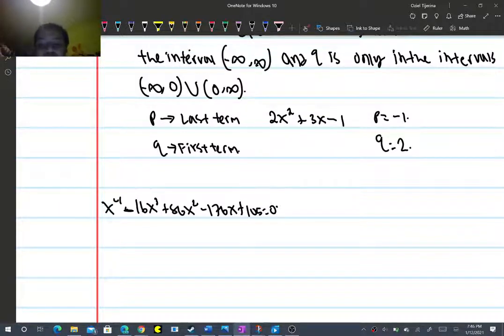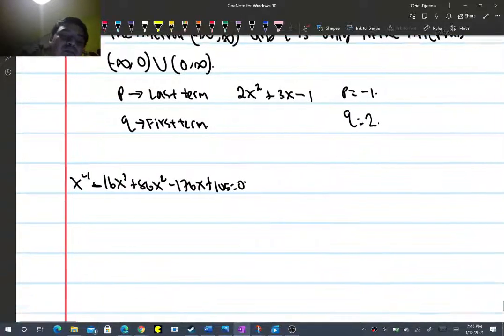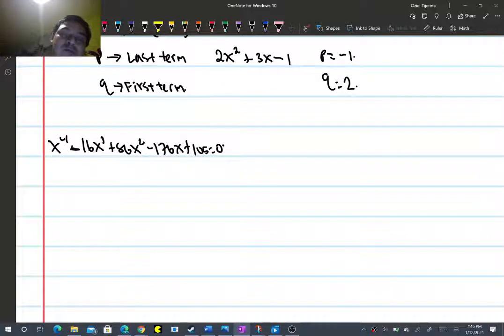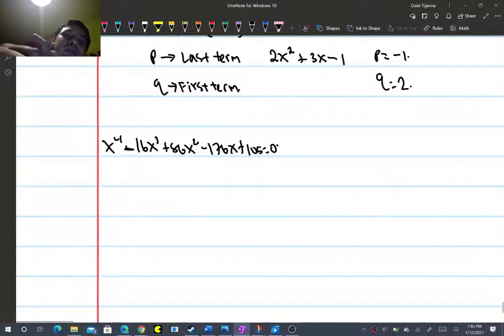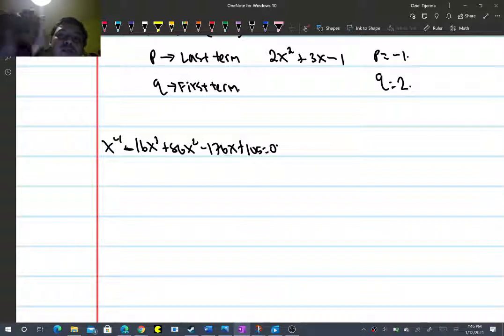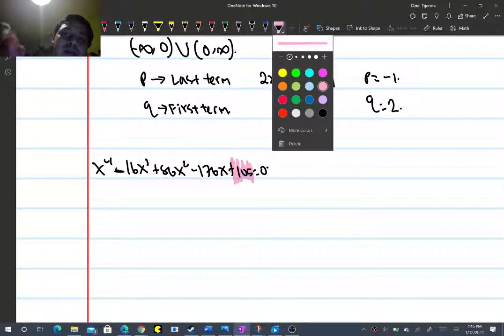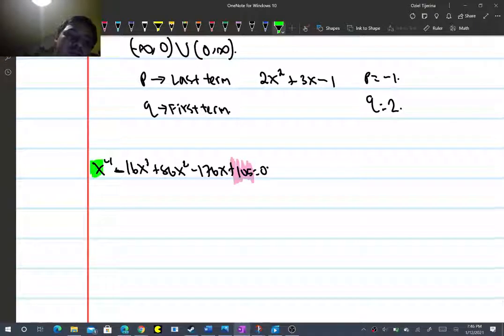Okay, so here we want to find our roots. Now what you're going to do is grab the last term, this one, and grab the first term.